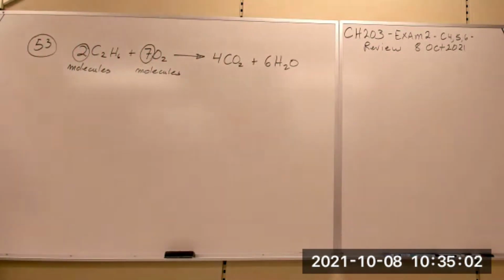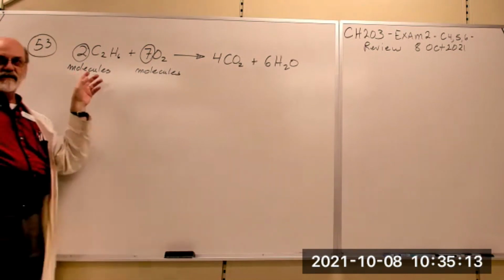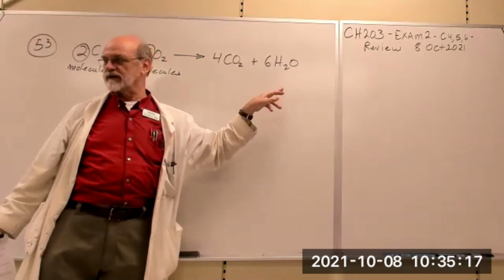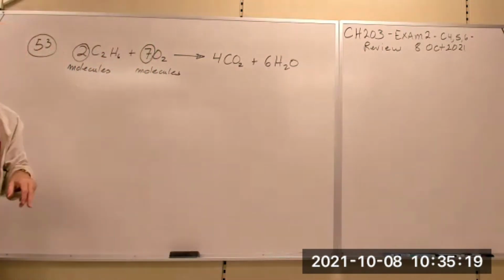Okay, if you think about it on the molecular level, if you get down small enough, you can see these 2 molecules floating around. They encounter 7 molecules of oxygen. Boom! They give you 4 molecules of CO2, 6 water. Or you can think about it in terms of moles.